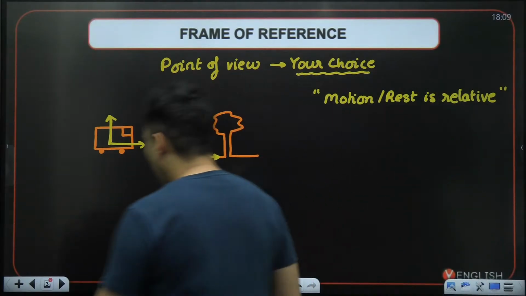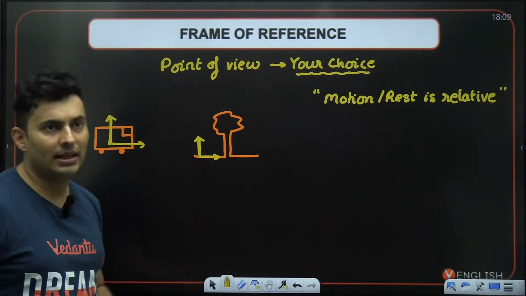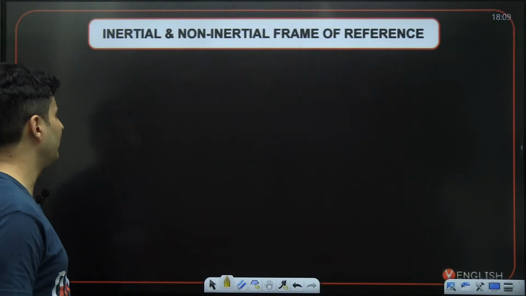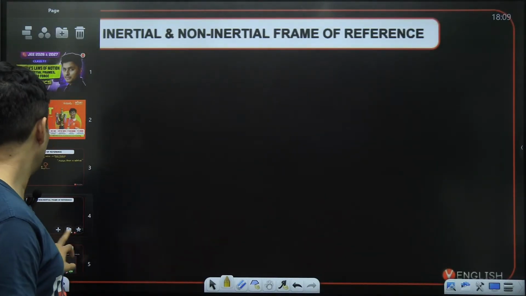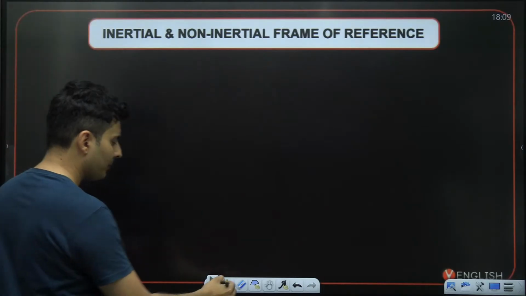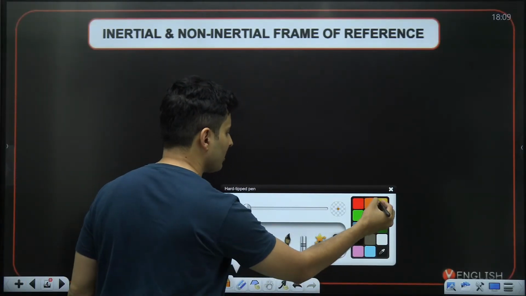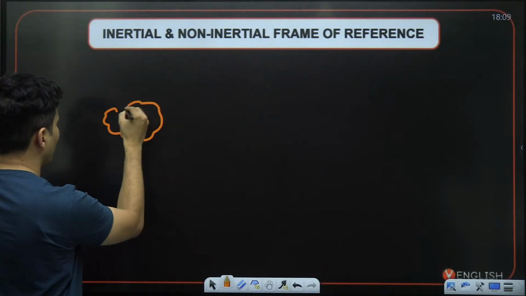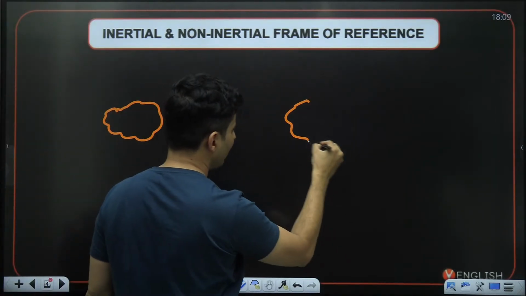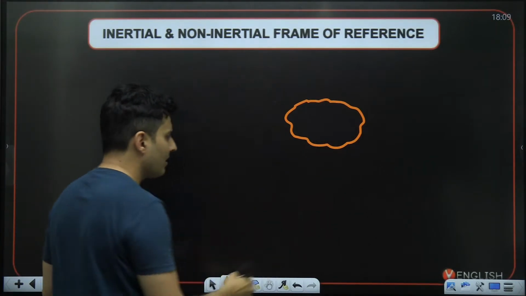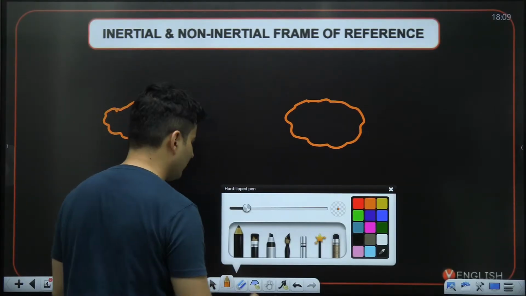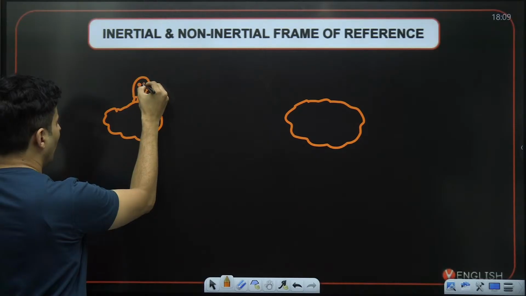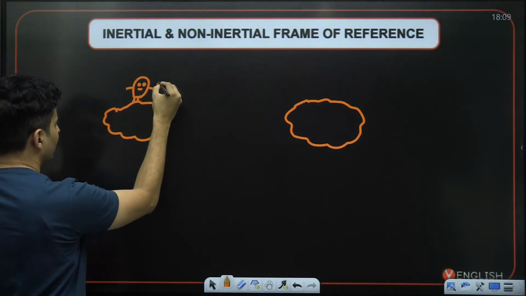Okay. Now, there are multiple kinds of observers that we have, and we can classify them broadly into two categories. One is inertial, and the second one is non-inertial. What do I mean by inertial versus non-inertial? Imagine there is some kind of rock in a distant galaxy somewhere outside our solar system, and some Pandu is on that rock.